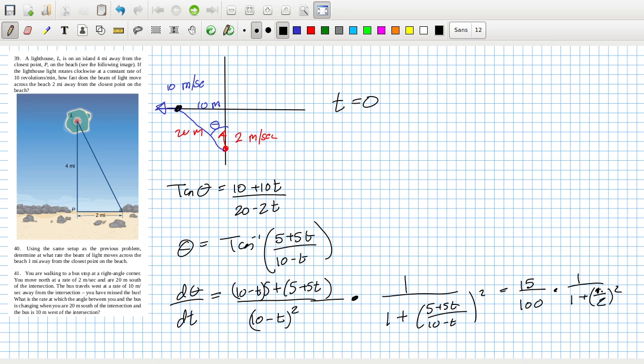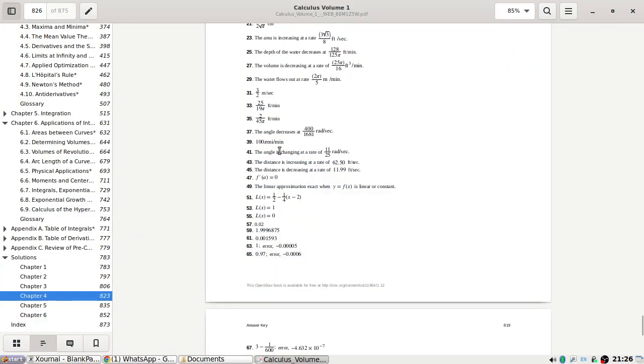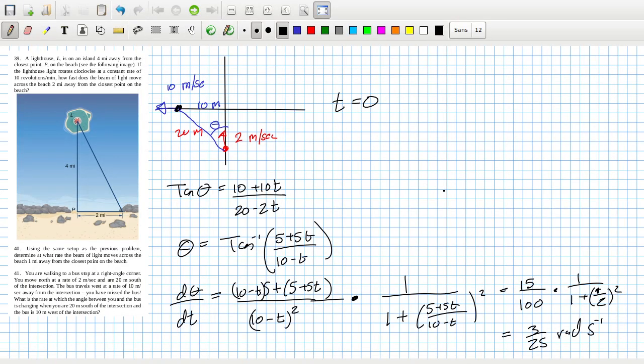So let's see what that is. 3 over 25 radians per second. I don't know if that's right. 11 over 25. Oh, rats.